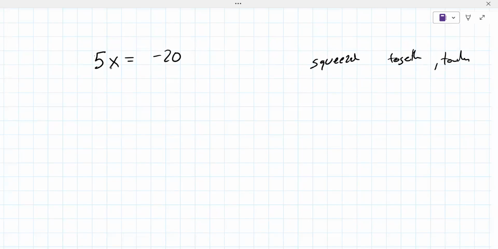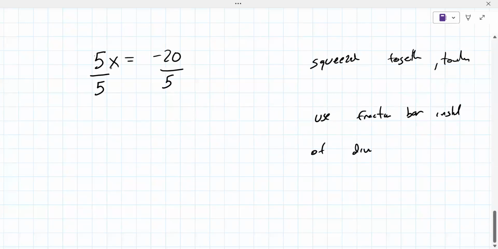So you undo multiplication with division. Now we use a fraction bar instead of the division operator. And x equals minus 4. Like that.